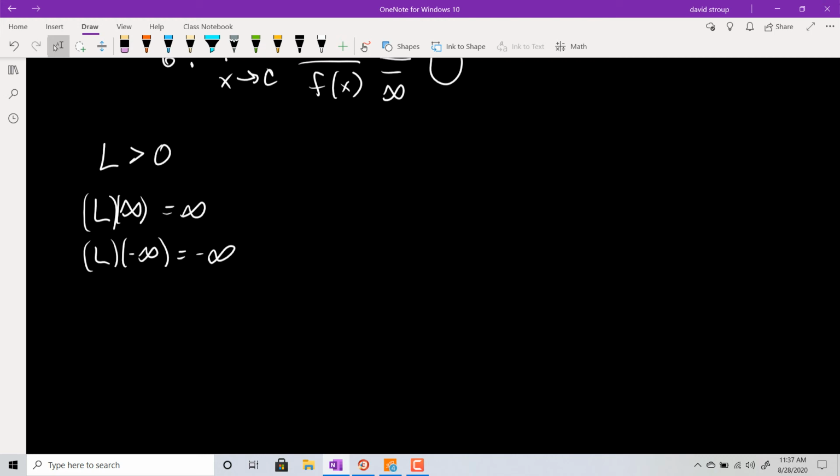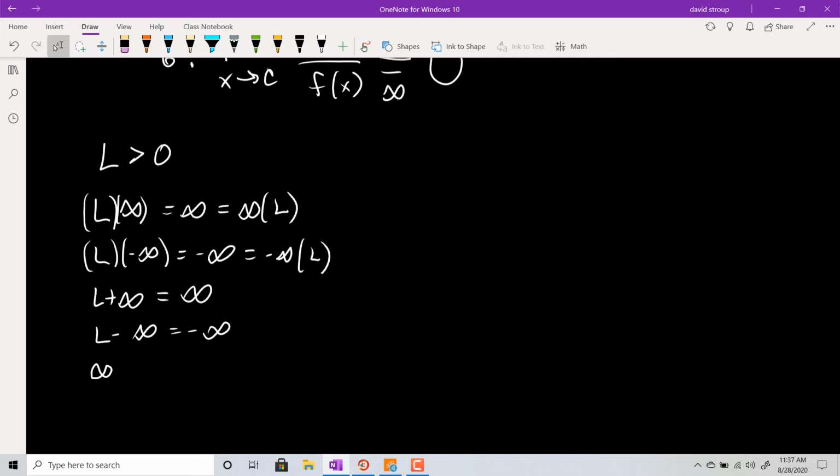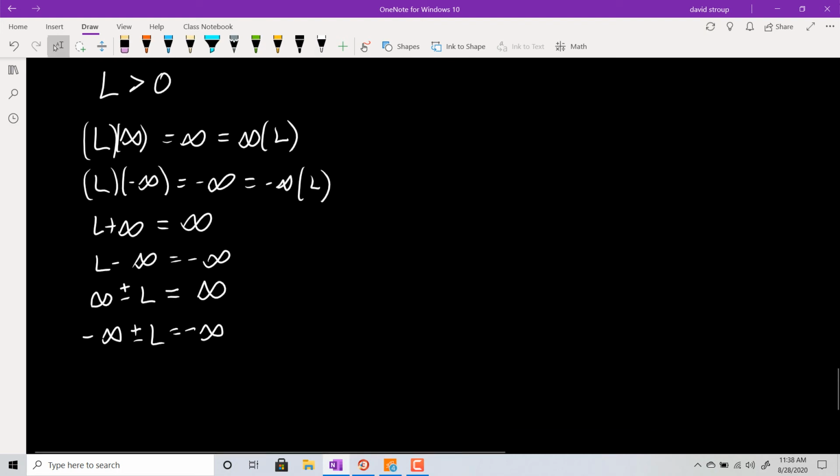So that's also the same as infinity times L, which is negative infinity times L. L plus infinity is going to be infinity. L minus infinity is going to be minus infinity. Infinity minus L is going to be infinity, and negative infinity plus or minus L will be negative infinity. Okay, and hopefully you're figuring out how it's going to work.